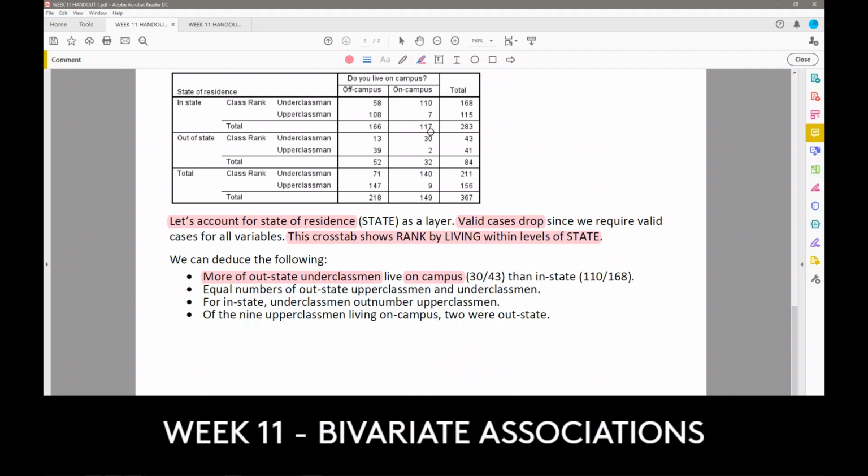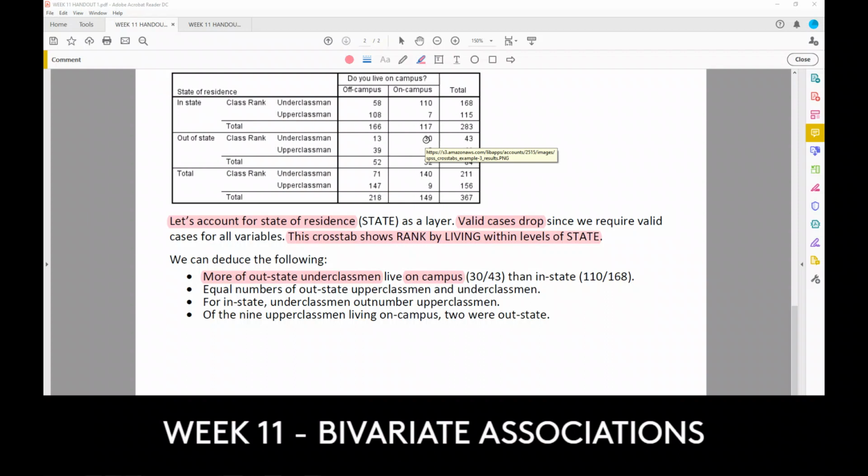So if we are looking at the total number of underclassmen living on campus out of state. Now, I had to pause and proceed because I almost confused myself. The reason why this is saying there's more out-of-state underclassmen when there's 30 than in-state underclassmen, it's sort of like, wait, there's 110 in-state and only 30 out of state.